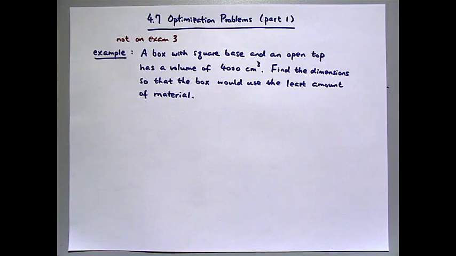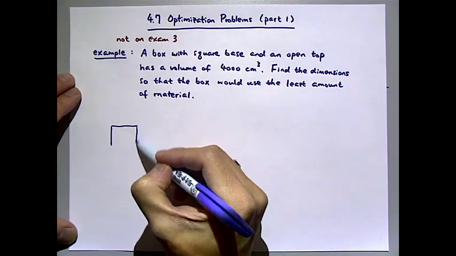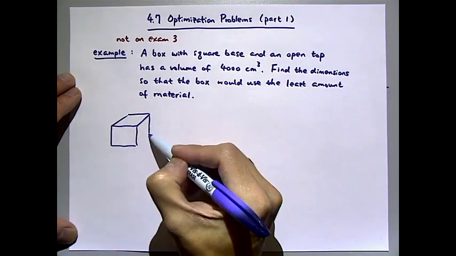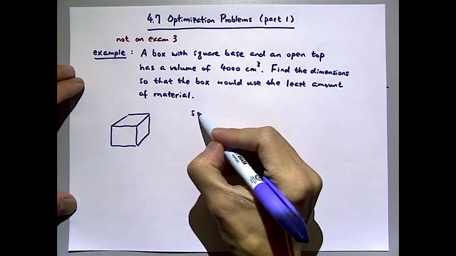To make this more clear, let's sketch a very rough picture of what's going on here. We've got our box, just a very typical rectangular box. The base, we're told that it has a square base.